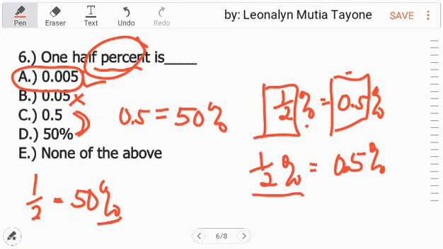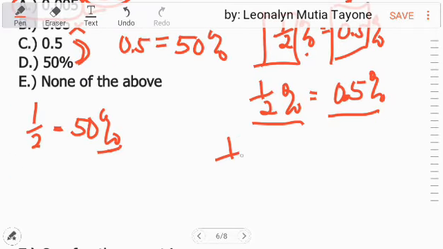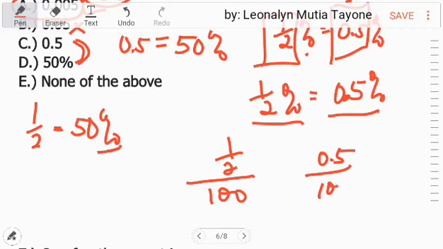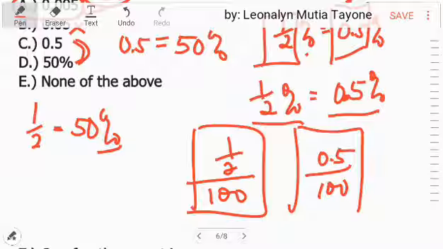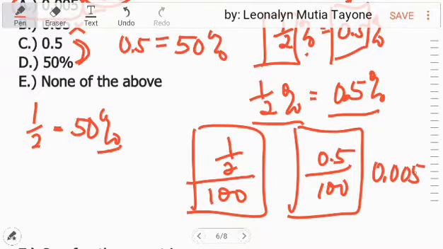Now, 0.5% is equivalent to 0.5%. When we say percent, it is 1/2 over 100 or 0.5 over 100. So both, the answer there is 0.005.